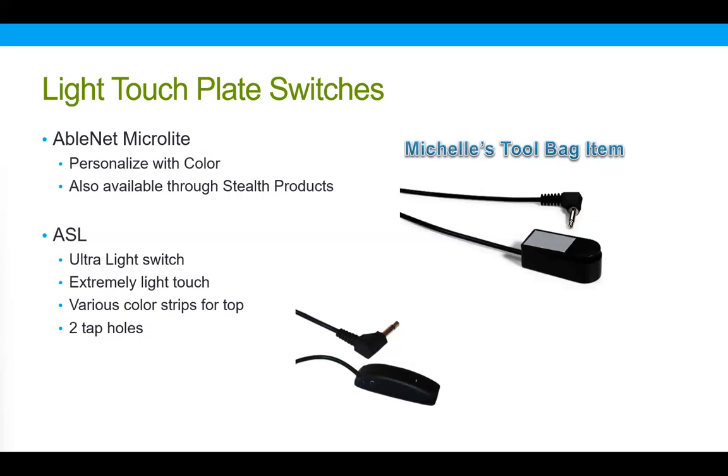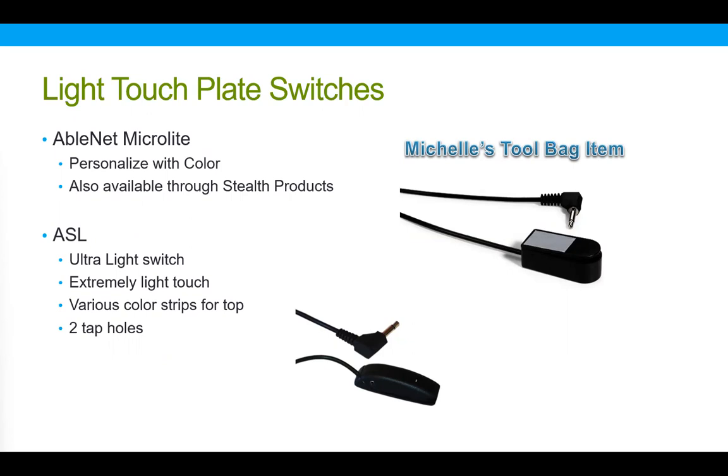Perhaps I like a different color instead of this silver color. But also, if someone's using more than one switch and perhaps they're right next to each other, it might help the client as well as other team members around that client to recognize what the function of each switch is. So you can use different colors to help everyone realize that these switches have different functions.